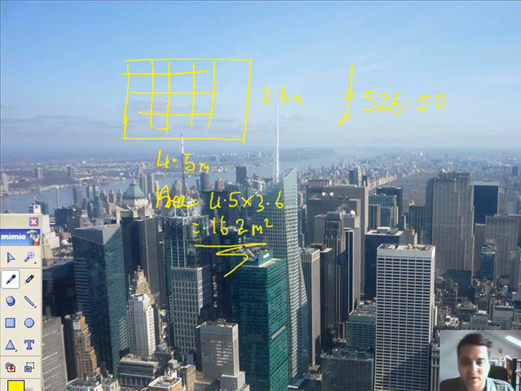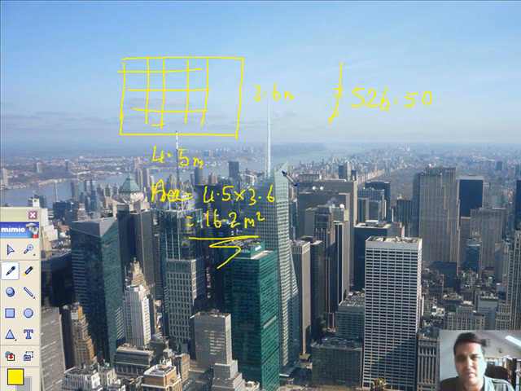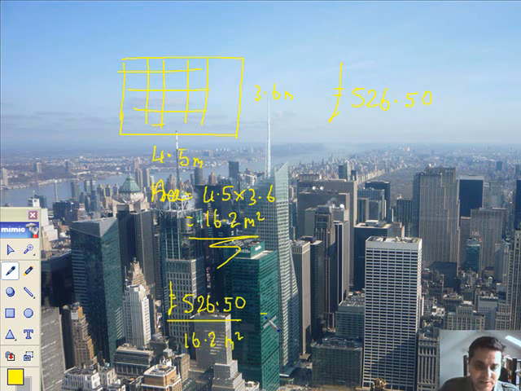Now, I'm not sure what to do with this one. We know that you can't buy a bit of a metre square. You've got to buy a whole square metre of this stuff. So he may have to buy 5 metres by 4 metres. I think I'll do both calculations and see which one I prefer. Anyway, cost per metre square, just playing with the raw mathematics now, is going to be £526.50 divided by 16.2 metres squared.